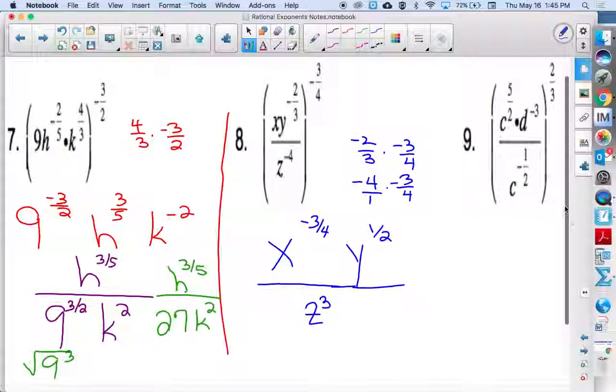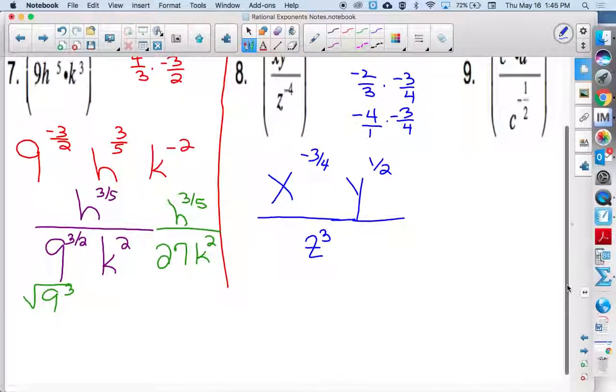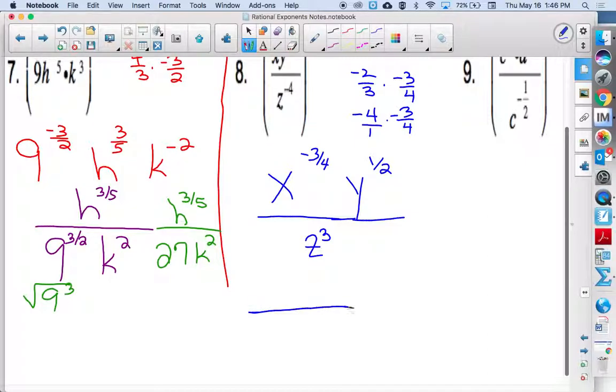And then, Nick, the last thing you'd have to do with this one would be? What do you do with that x to the negative 3/4? You move that down. Yeah. So y over the 1/2, x to the 3/4. Questions?